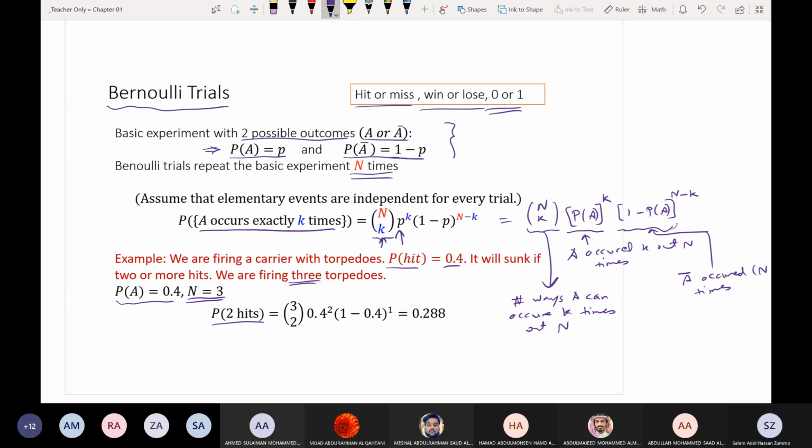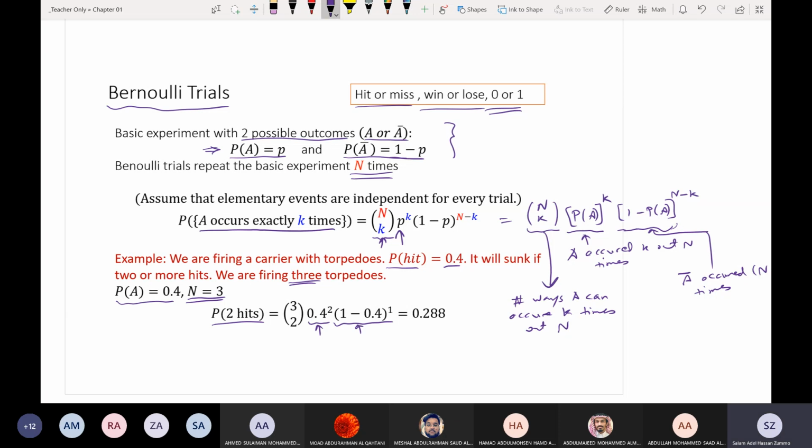It's the probability of hit to the power 2. It's 0.4 the first time I hit, and the probability that I hit another time is 0.4 also. And the probability that I miss one time is 1 minus 0.4.